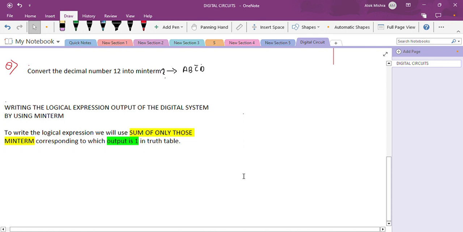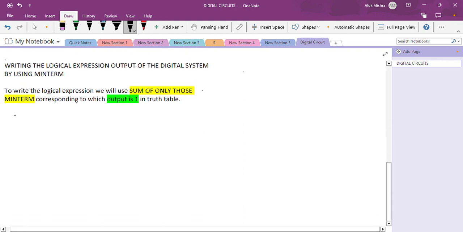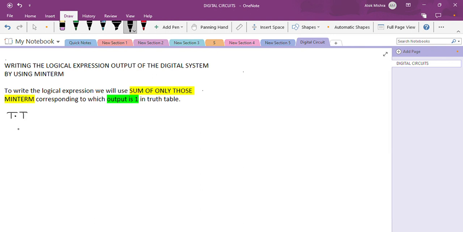Okay. So suppose I have one TT with me. 0, 1, 2, 3. A, B, Y and minterm.